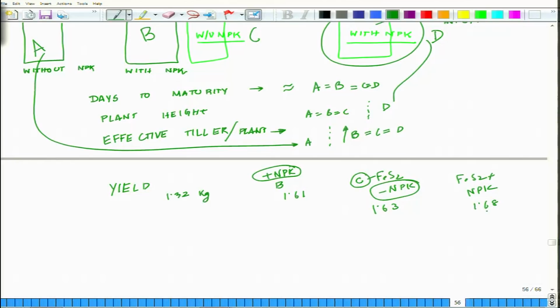So, in other words, what we are observing is that nanopyrite seed dressing in the case of rice leads to NPK equivalent rice production.